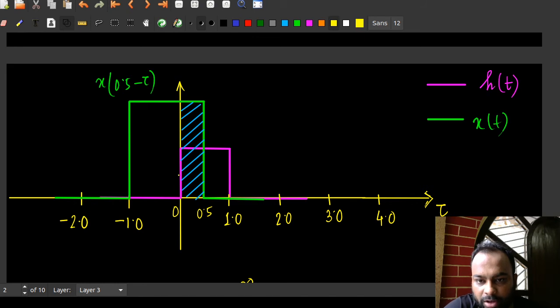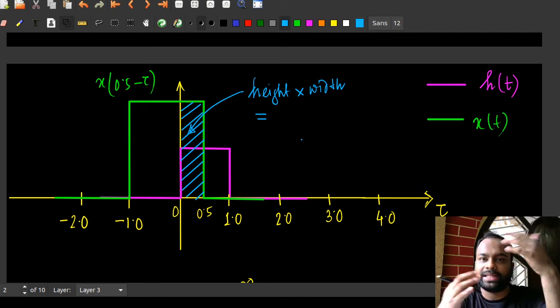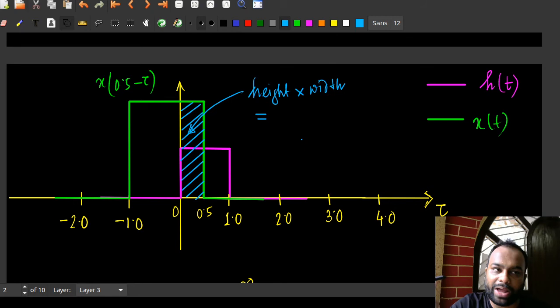Of course 0.5. So what is the area? Height into width. I am doing height into width because these are rectangles, but otherwise I would have to do integration.